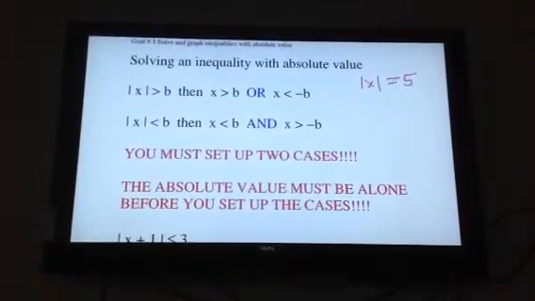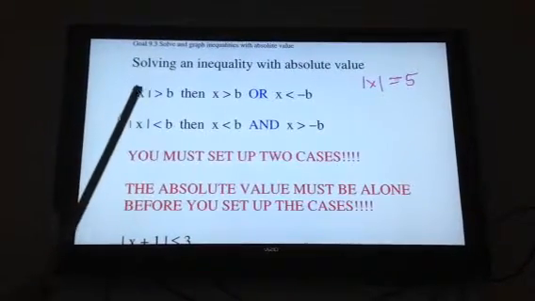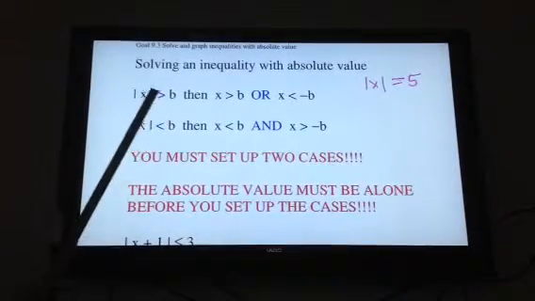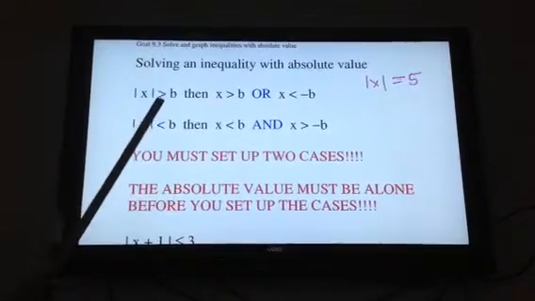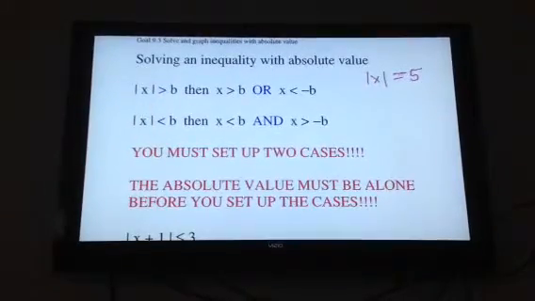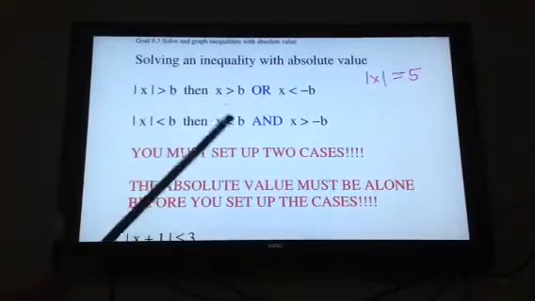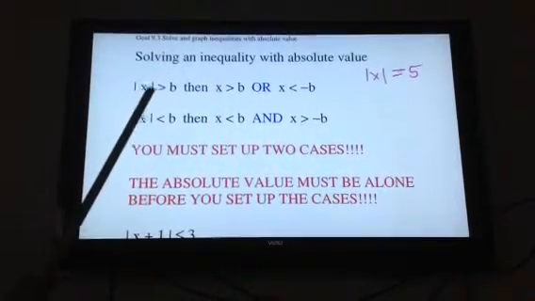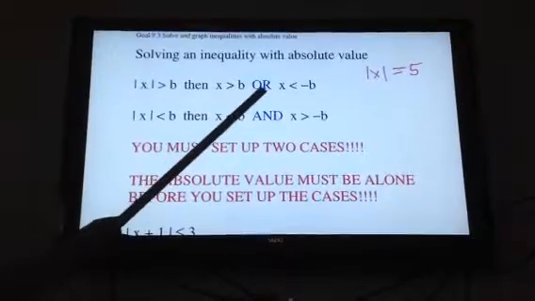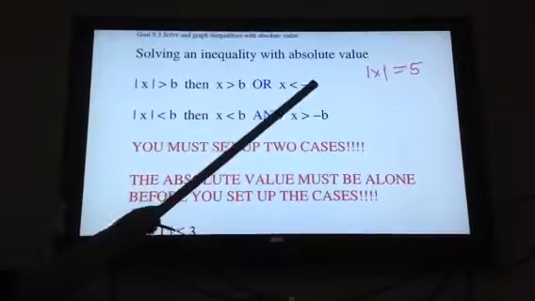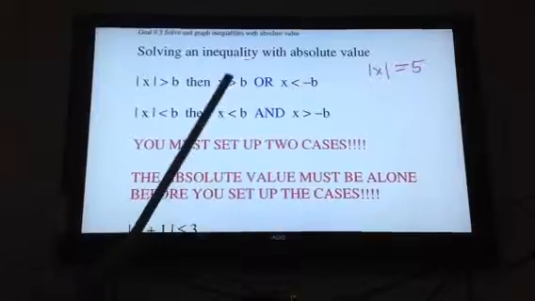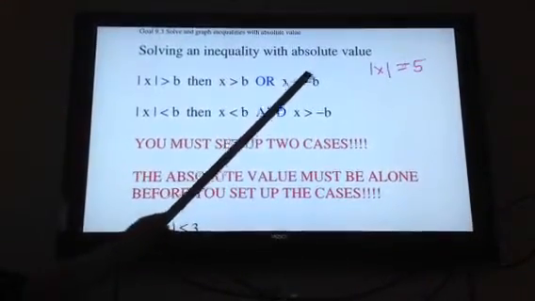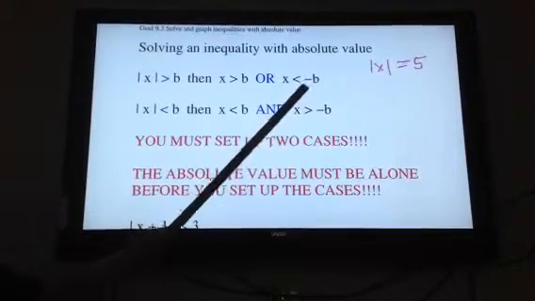So if our absolute value is greater than some number b, and this would apply to greater than or equal to also, then my two cases, as I'm going to call them, are x is greater than b, or x is less than negative b. So you'll notice that in the second case, I am changing the direction of the inequality symbol, and I'm changing the sign of whatever that number is going to be.